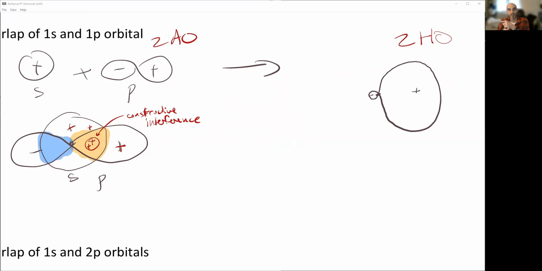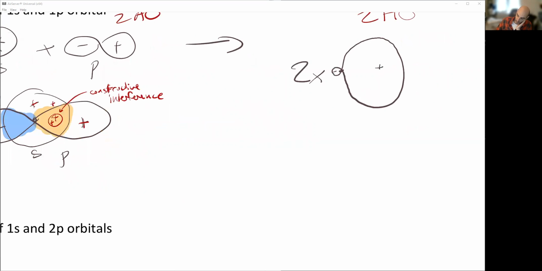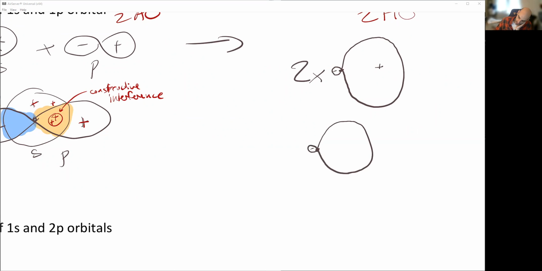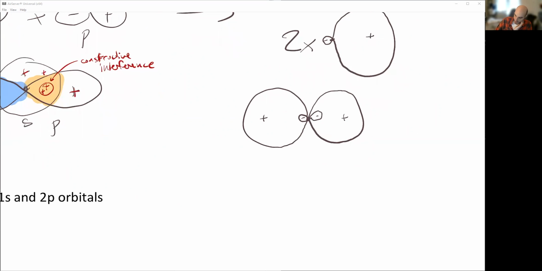The other one would be if I flip the p around. So I have the plus and the minus. Now we're going to go from the other direction. So the other one is going to essentially have two of these. So when I put them together, what you end up with is something that looks like this. Here's my positive, and then the same thing on the other side, negative and positive.